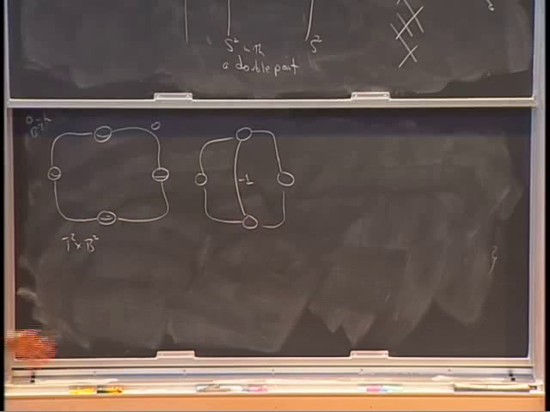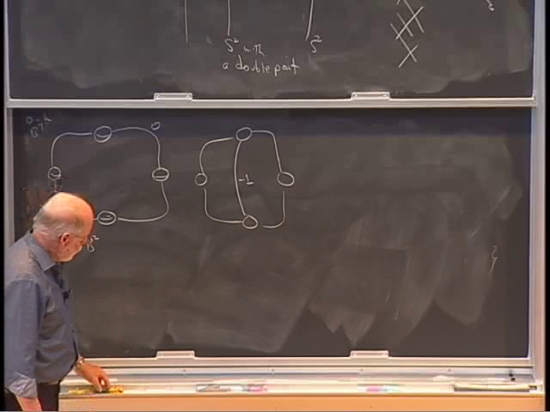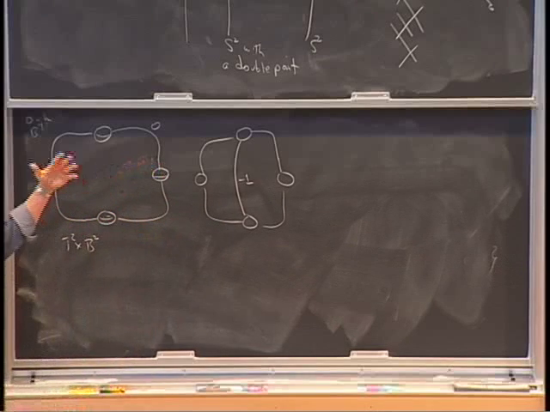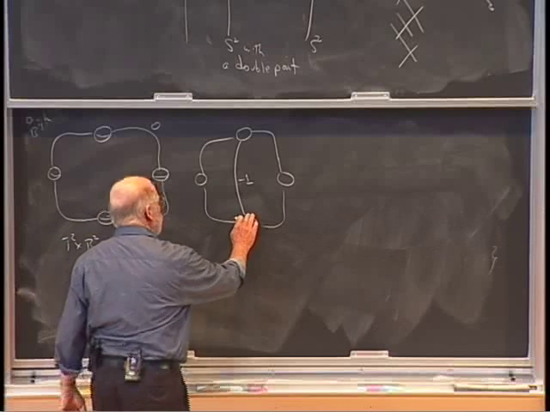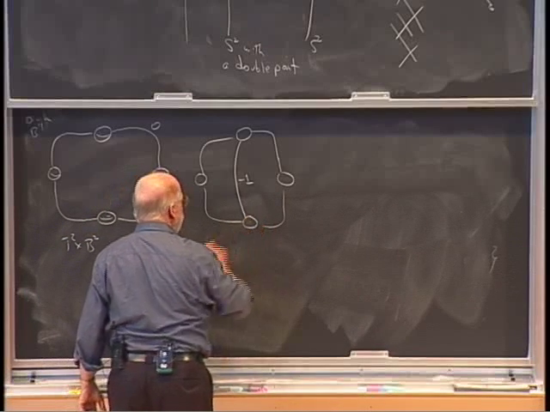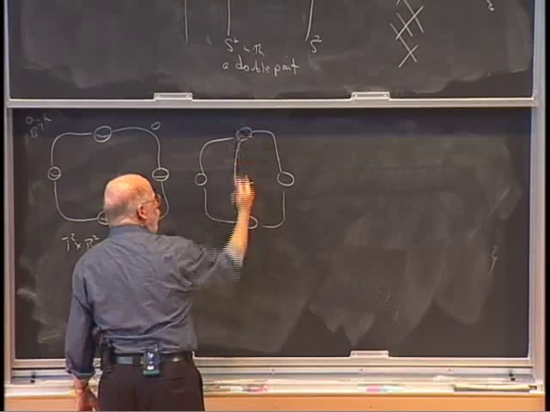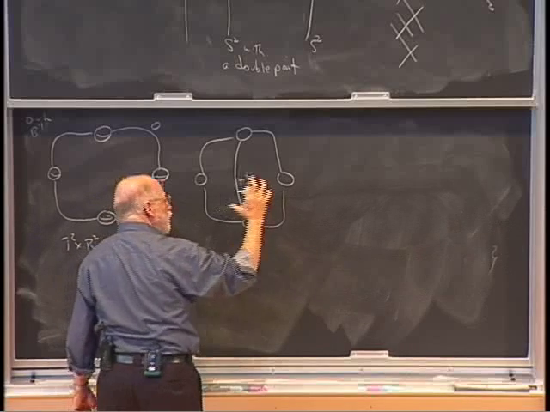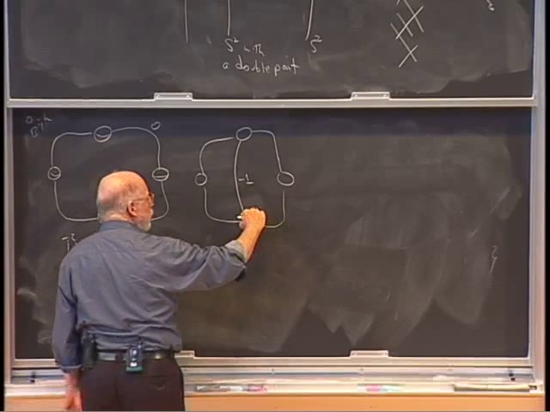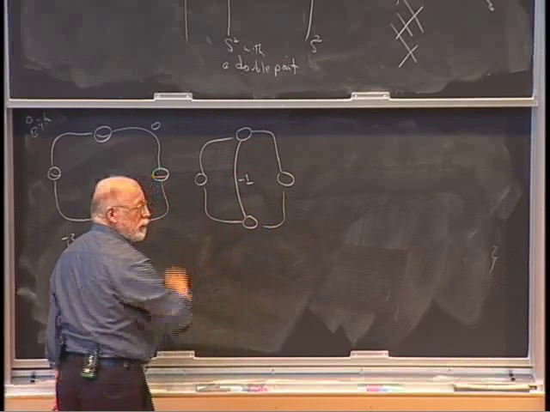Now, it took a little while to understand this. I mean, several things were going on when I was trying to learn this. One of the things was, well, this handle body picture came after a little bit more thought. But the point is, if you cancel this one handle with this two handle. So this is a two handle, which is a thickened two cell attached by running along this arc and back over the one handle to where you started.